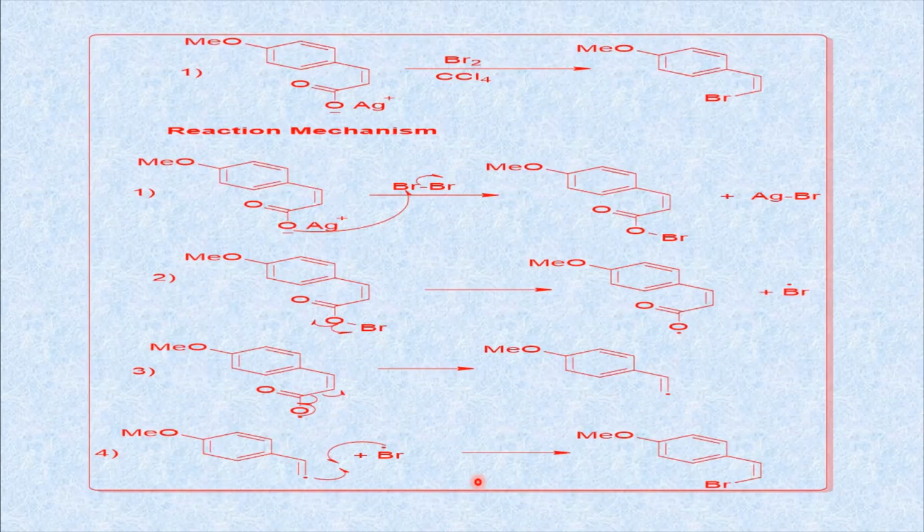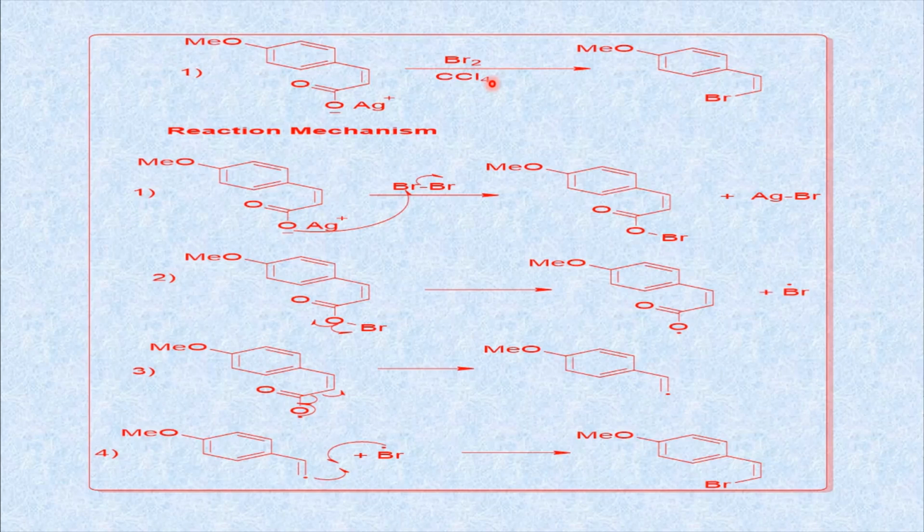Now in this slide, we will see an example of the Hans-Dicker reaction. This is the silver salt of a carboxylic acid, O minus Ag plus. You are reacting it with Br2 in the presence of CCl4 solvent.